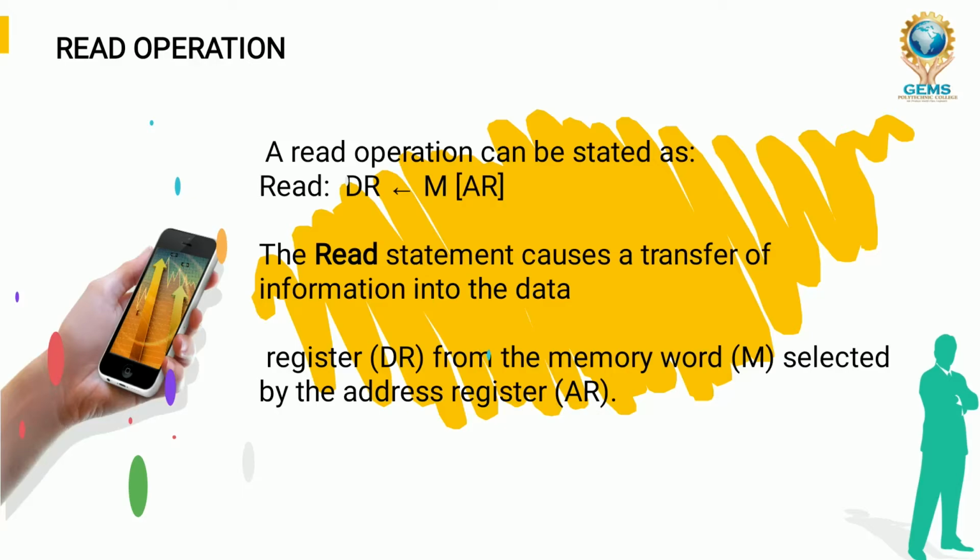If you are able to read data from memory, that is called a read operation. A read operation sends data from memory to a particular register or a particular component. This is a read operation.